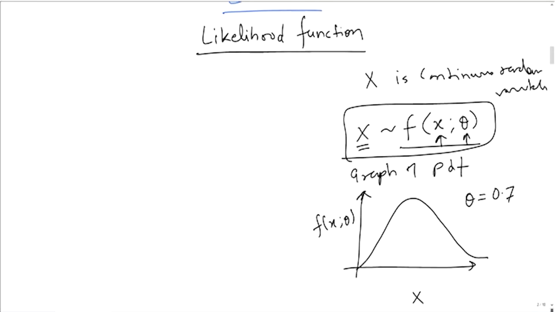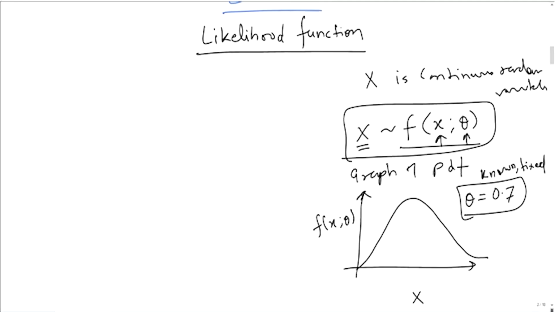So, basically the graph of the probability density function is the graph between values of the random variable and corresponding probability densities under some assumed fixed value of theta. So, when theta is known, okay, you call it known and fixed, you can draw the graph of the PDF, right.